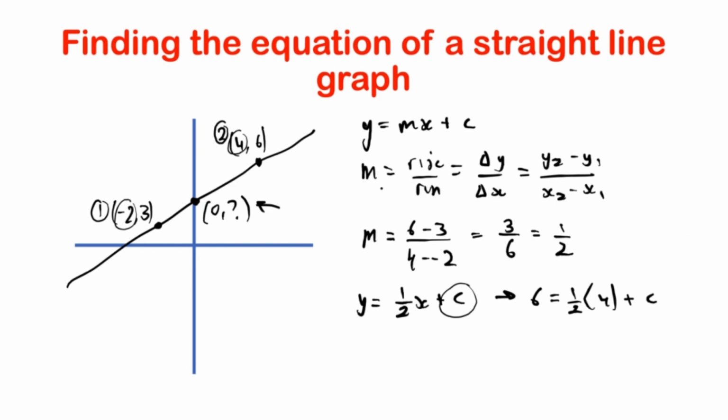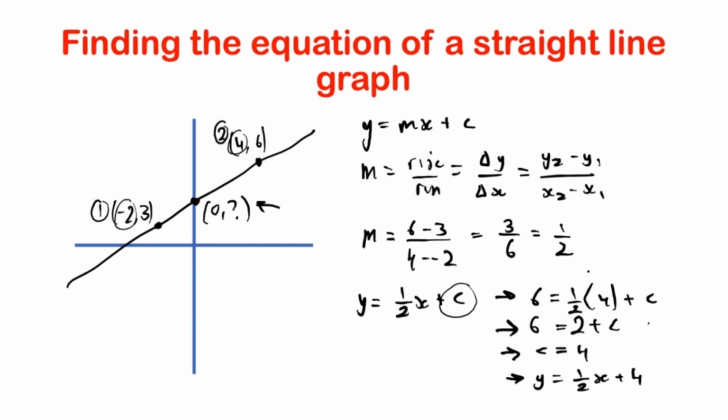It's important that you don't mix up the terms. You don't put the y value from point 2 and then the x value of point 1. It has to be from the same coordinate. So then this will become 6 equals 2 plus c. So c is equal to 4. So the equation is y equals half x plus 4.